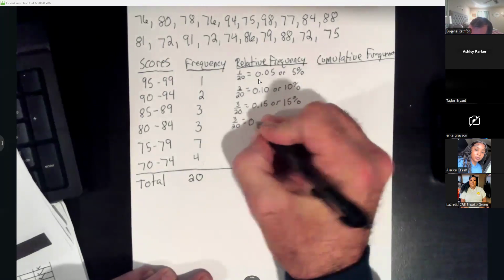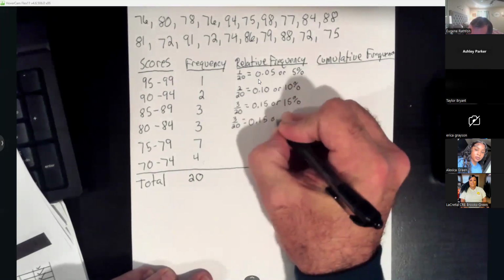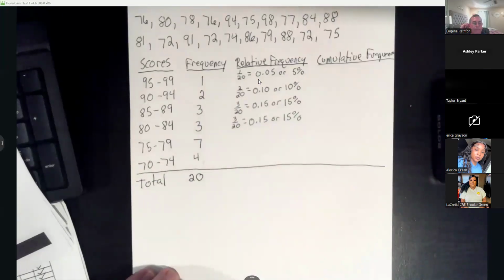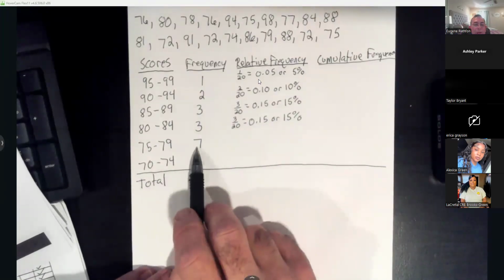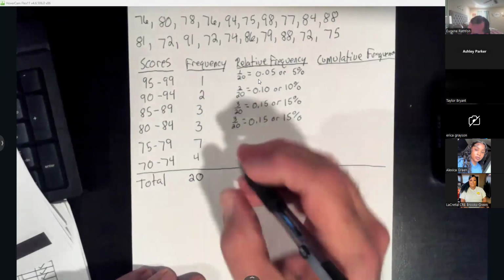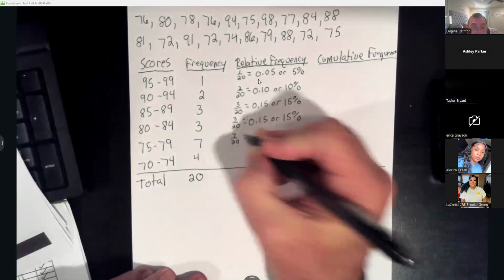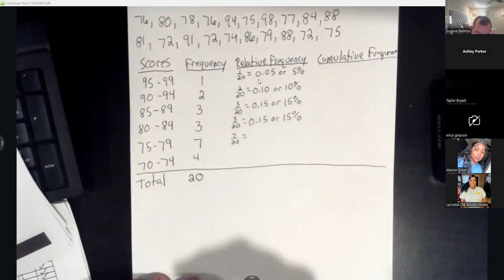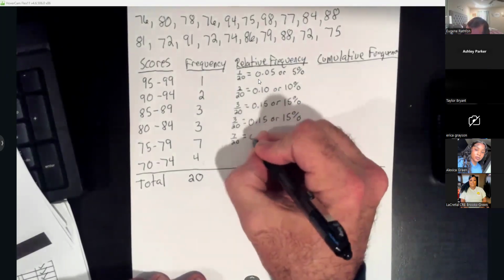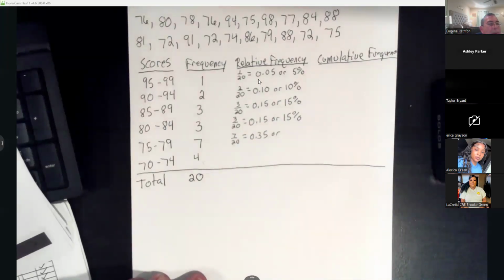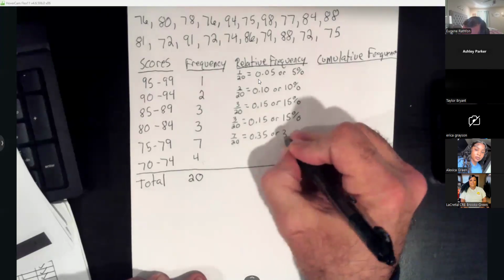And then this one will be 0.15 or 15%. All right, y'all got a big one here. 7 divided by 20. So 0.35. Or Taylor, what do you got? 35%. Good job.